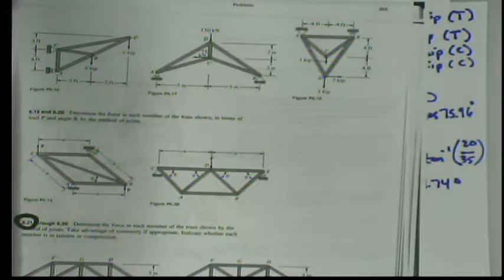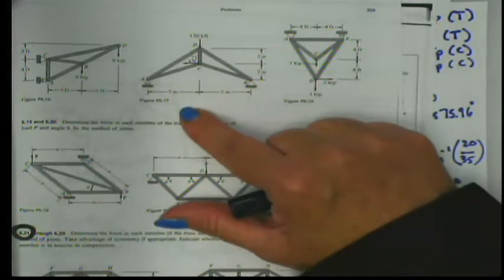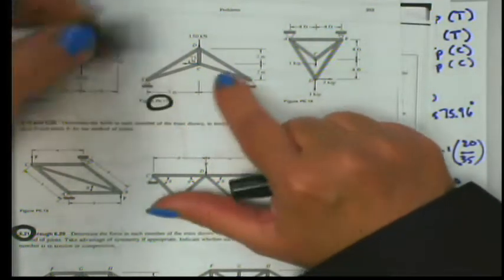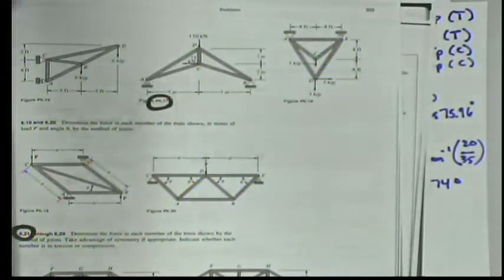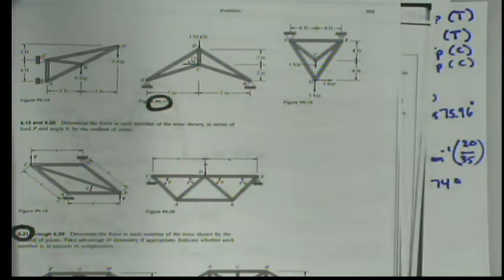I want to do 617. So this one is just the same thing. Find the loads and whether they're in tension or compression of each of those structural members. So our homework tonight will be just those 2 problems, both of which are up on Moodle.